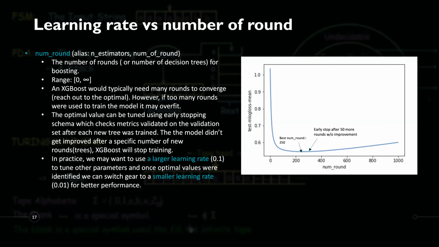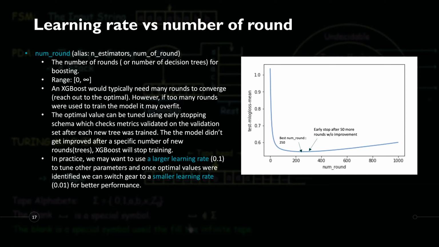What it does is, instead of finishing the training and then doing the validation, it does the validation on the fly. Every time we add a new decision tree to the boosting algorithm, such as XGBoost, we validate it against a predefined validation data set and monitor the model's performance in real time.